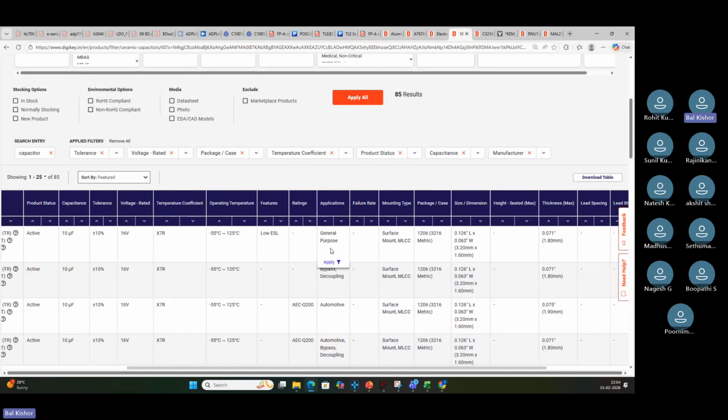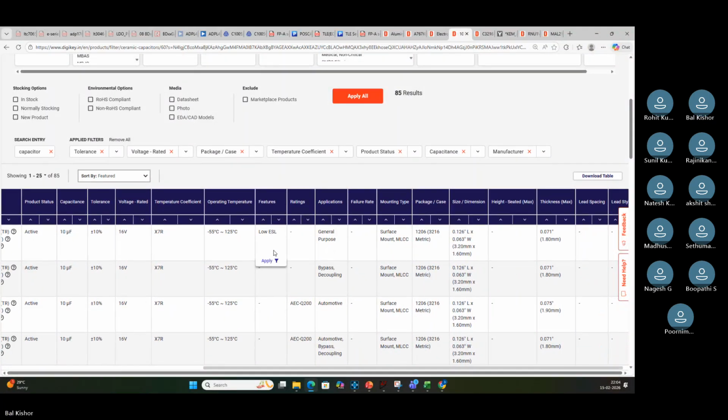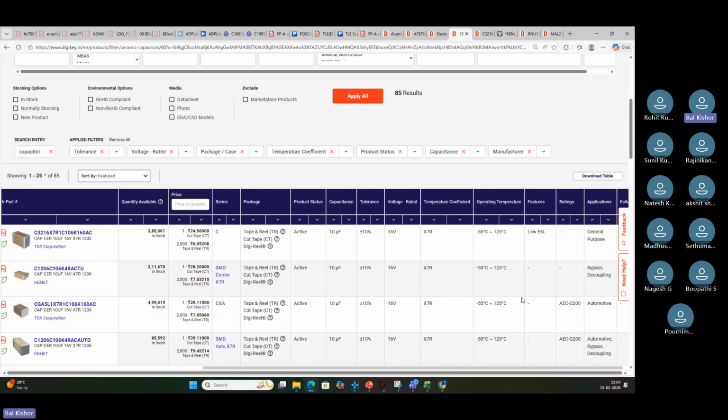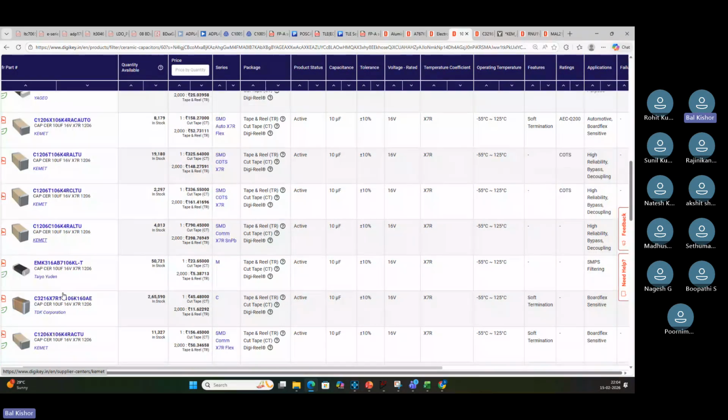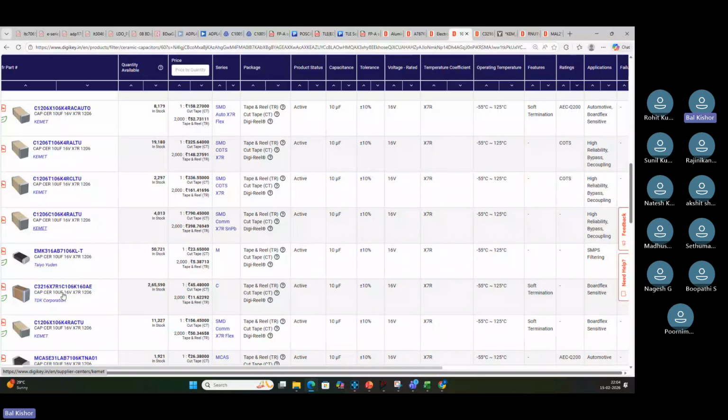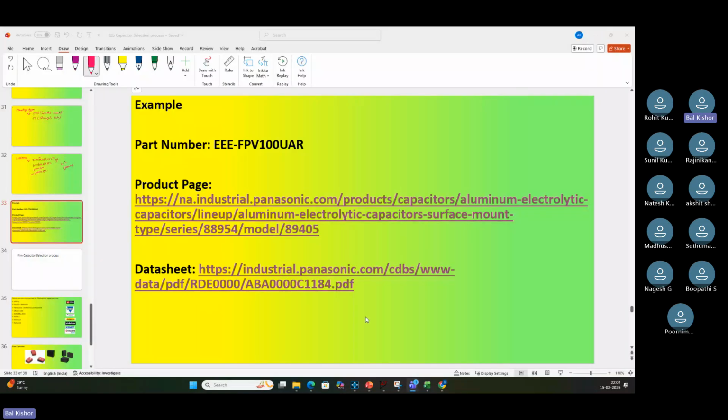Low ESL. This is the problem with this TDK part. Equivalent series inductance is low, and all other companies are not giving that. So that's the reason you are not able to replace your TDK with other companies. Got it? So this was the change. Okay. So this was all about the capacitors.